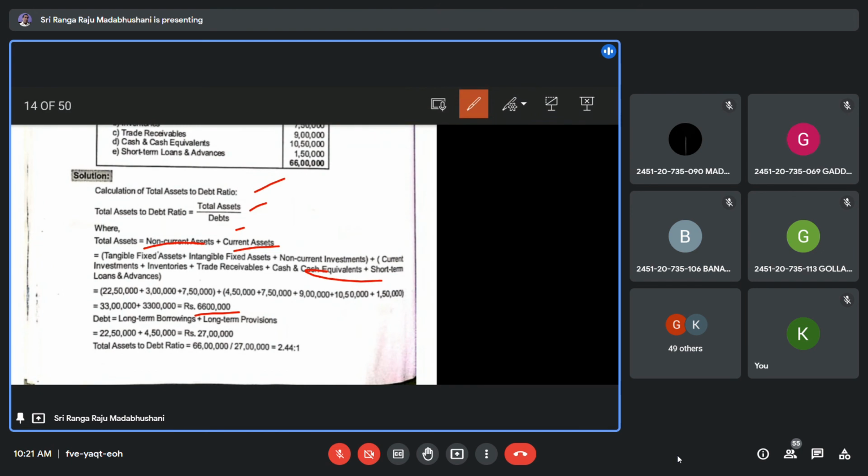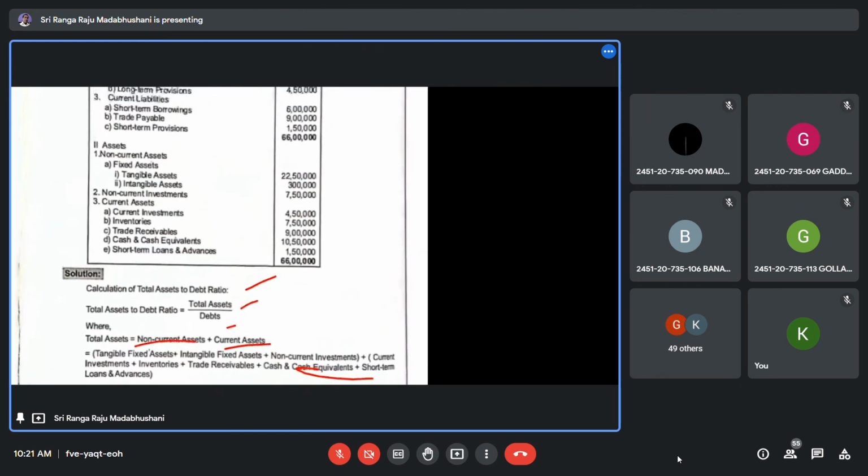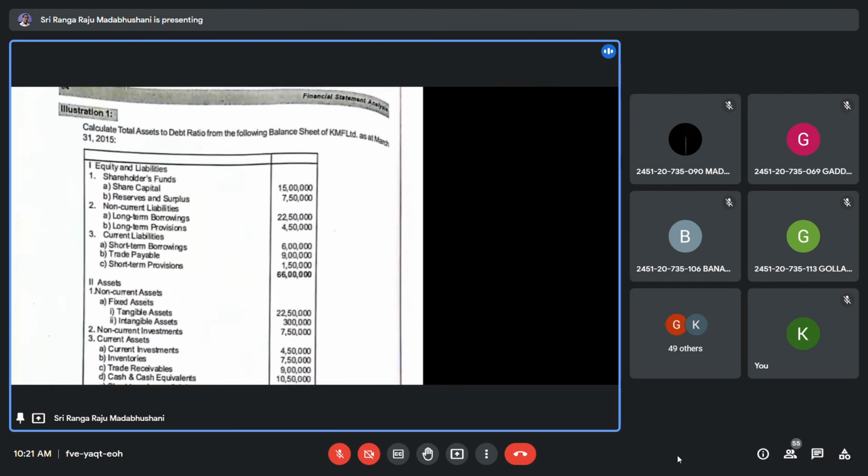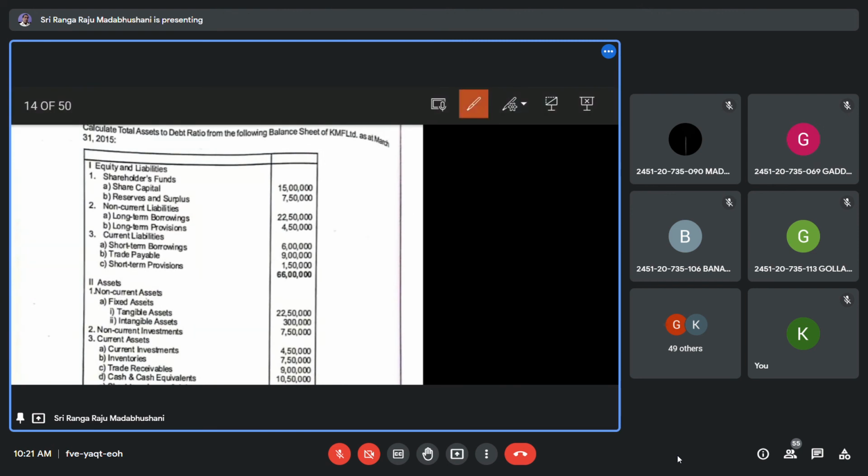Then long-term borrowings and long-term provisions. In case of debt, we exclude current liability and take only the non-current liability, these two. In case of current ratio, we will take the current one.